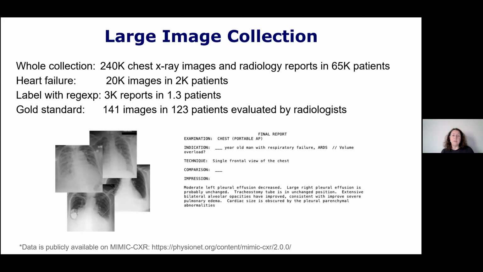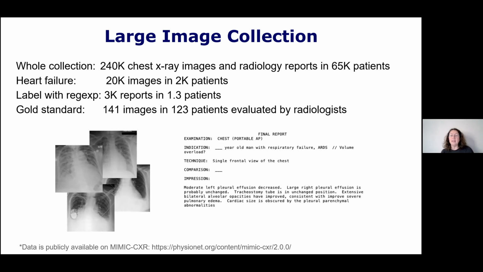So we have about 250,000 chest X-rays, and these chest X-rays represent about 65K patients. If we constrain ourselves to just the heart failure cohort, the numbers go down by an order of magnitude. We have built a bunch of software tools that use regular expressions to find relevant clinical keywords.